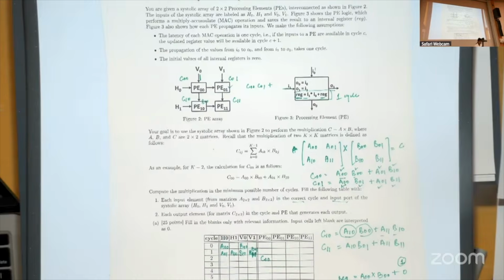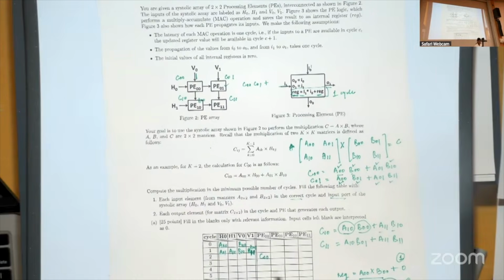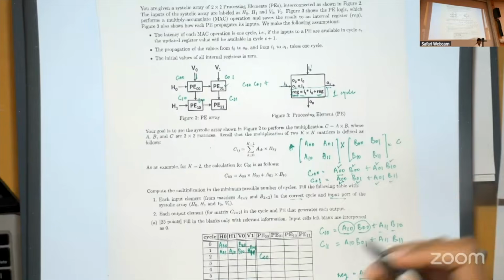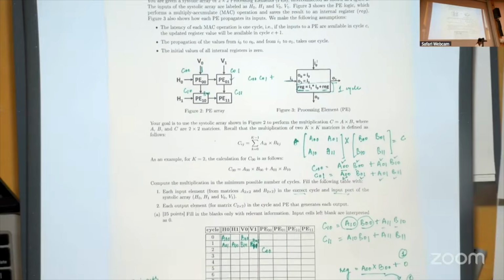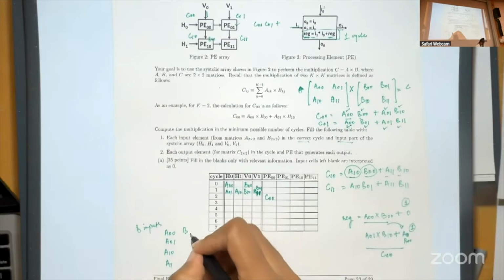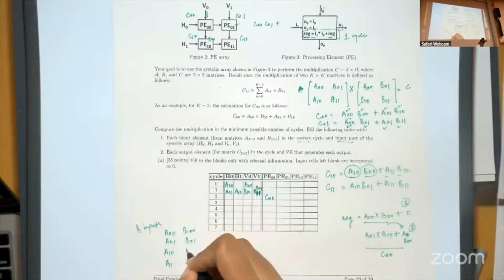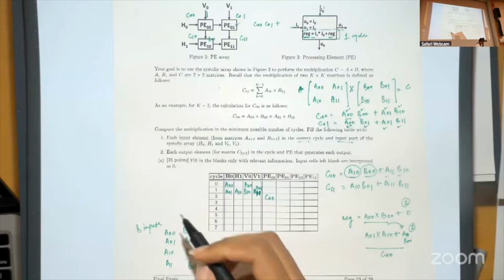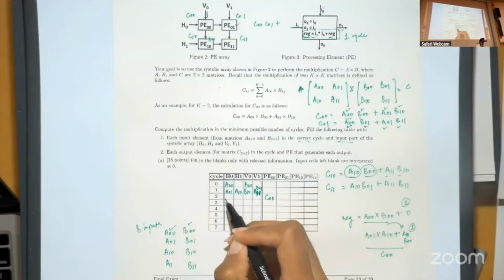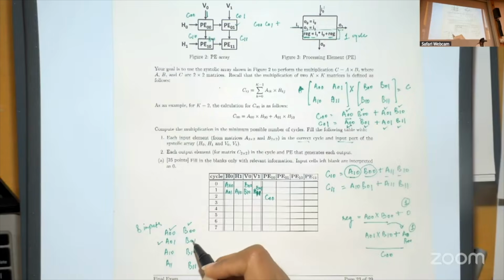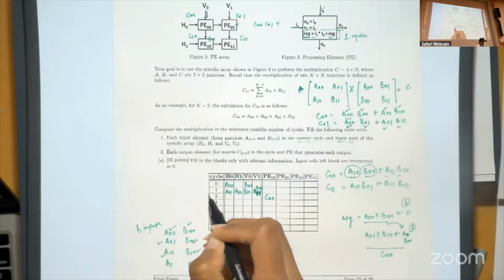Now similarly, if you see, basically we needed 8 inputs: A00, A01, A10, A11, and B00, B01, B10, B11. We have already passed A00, B00 in the first cycle, and A01, B01, A10, and B10 in the second cycle.